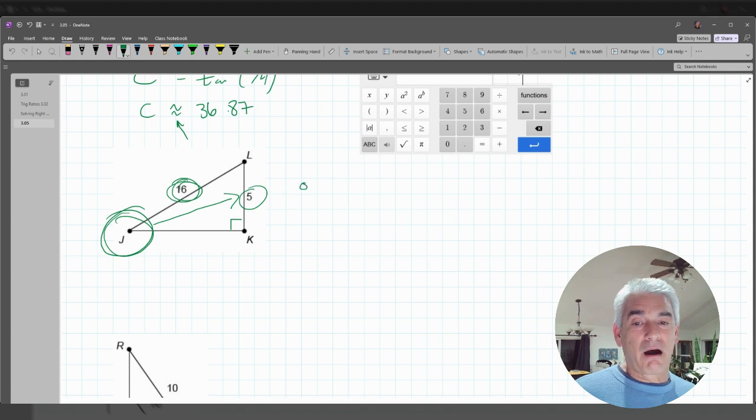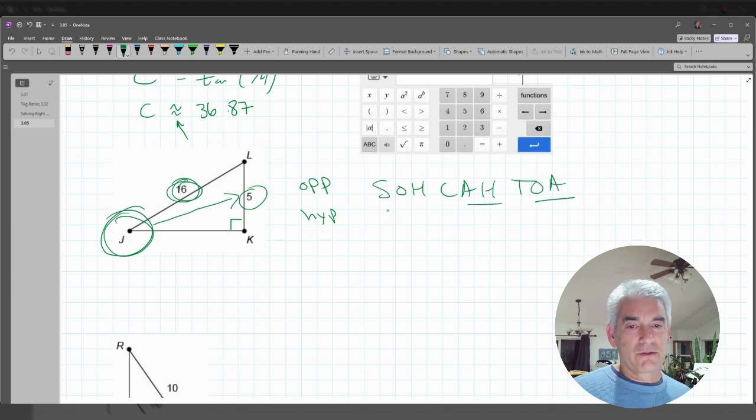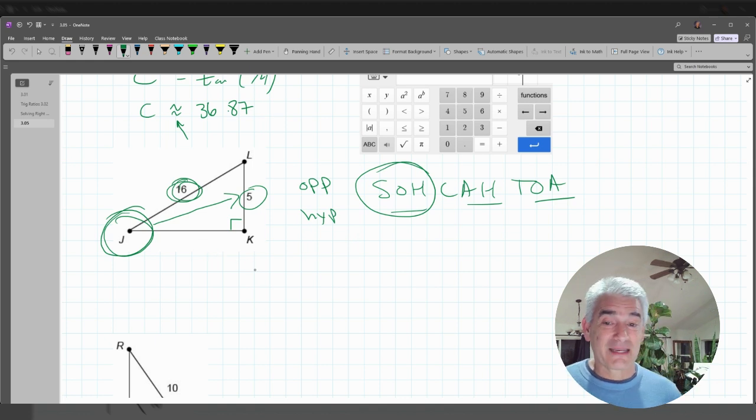So I'm dealing with the opposite and the hypotenuse. Which one of these uses opposite and hypotenuse? Oh, it's sine. So to set this up, I could say sine of J equals the opposite side, which is 5, over the hypotenuse, which is 16.